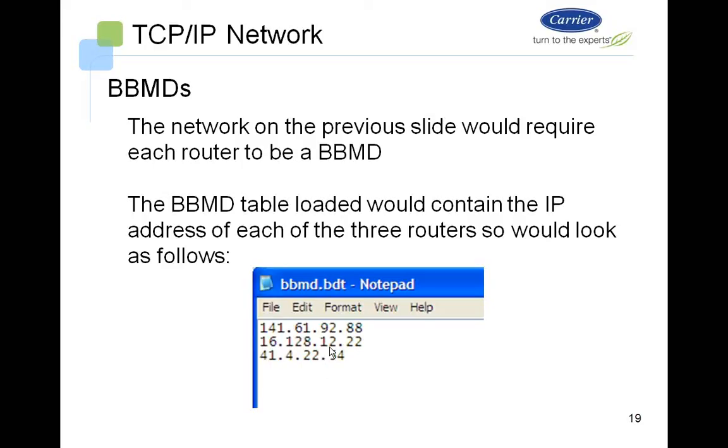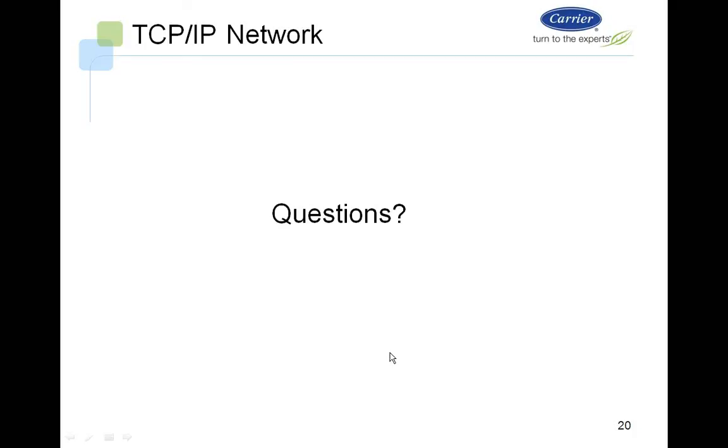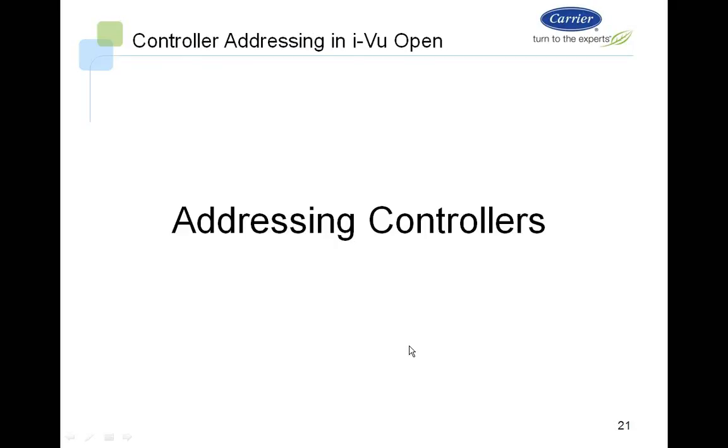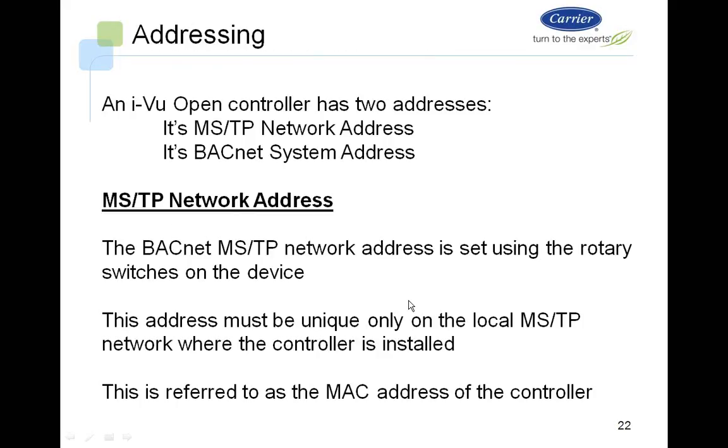Looking at addressing of open controllers. An iView Open Controller has two addresses. It has its MSTP network address, and then it has its BACnet system address. And this is true of any BACnet device that's sitting on a MSTP network, not just open controllers.